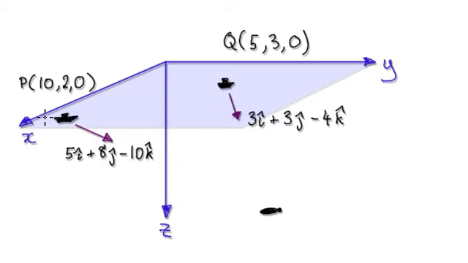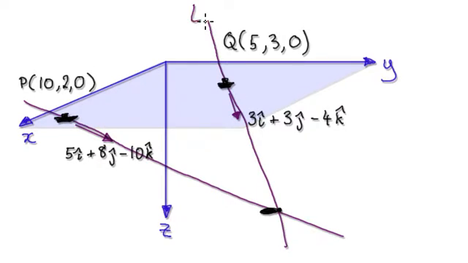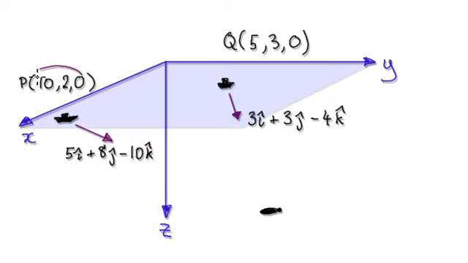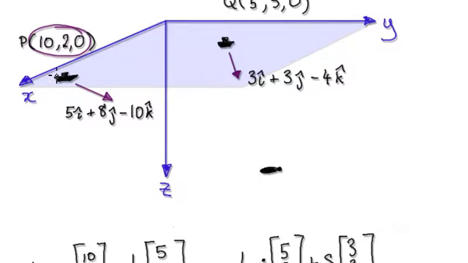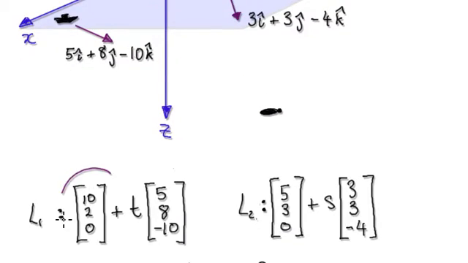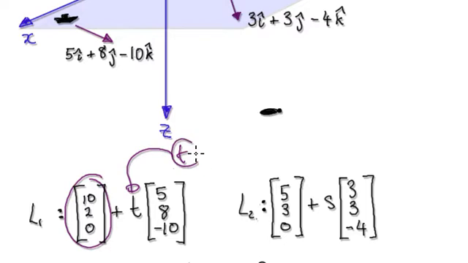Okay, so to do this, set up the equation for line 1 and then set up the equation for line 2. So this is our line 2, this is our line 1. The equation for line 1 is given by our starting position, plus some parameter, and then this will be our direction.